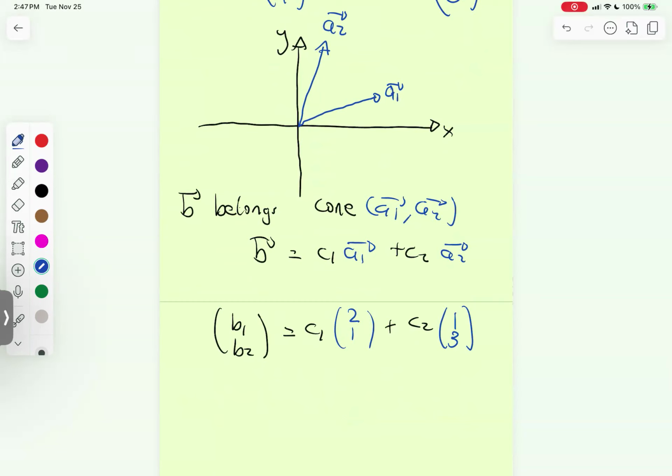These are equations: 2c1 plus c2 equals b1, and c1 plus 3c2 equals b2.